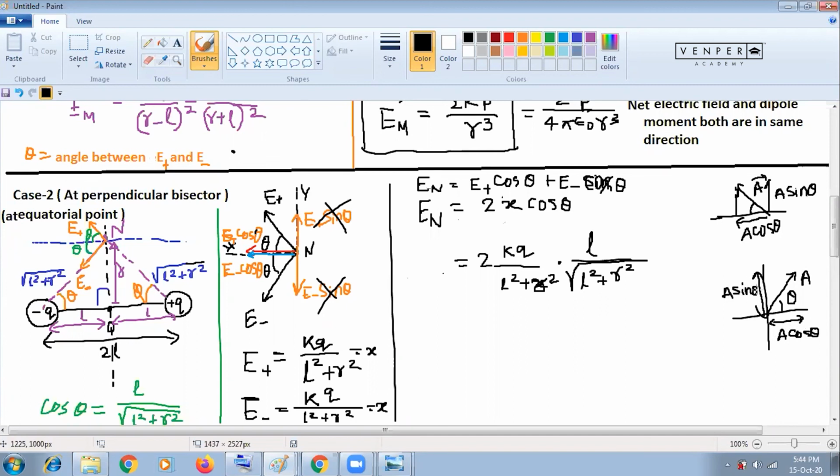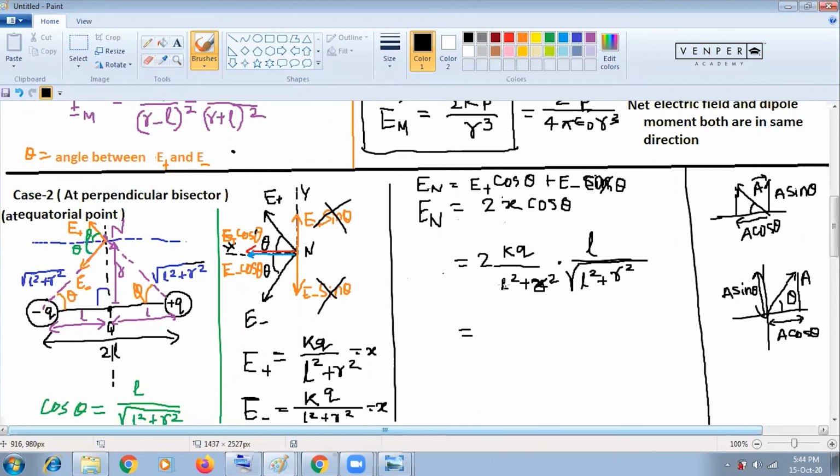This is the basic thing, the resolution of the vector. So always remember we are taking a perpendicular direction.